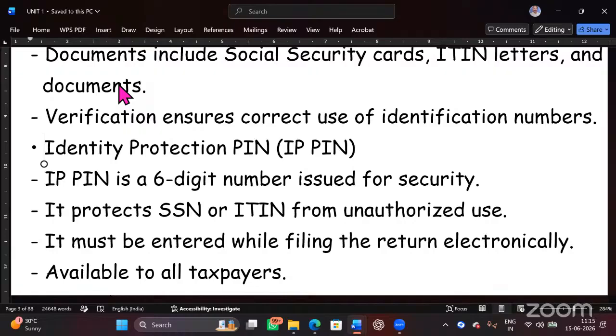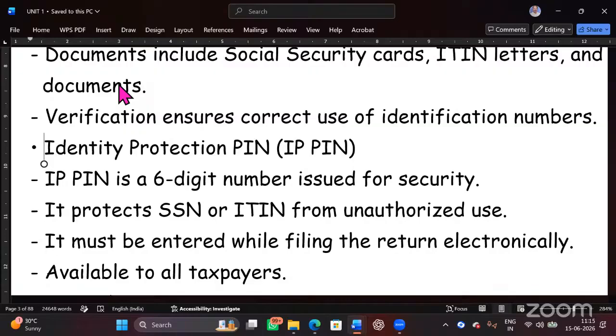If our social security number information is available to some random persons, that a random person may misuse our social security number while dealing with the income tax department. That is the reason. Suppose his social security number is stolen by somebody else, and it came to his notice that somebody is using his number wrongly.